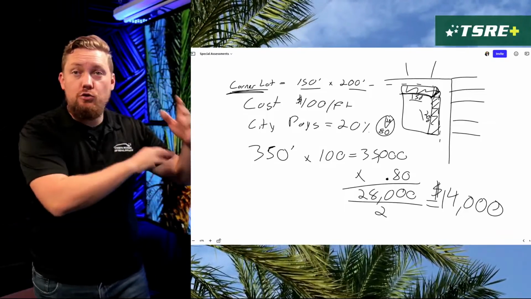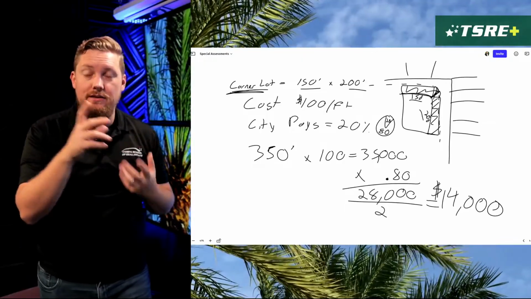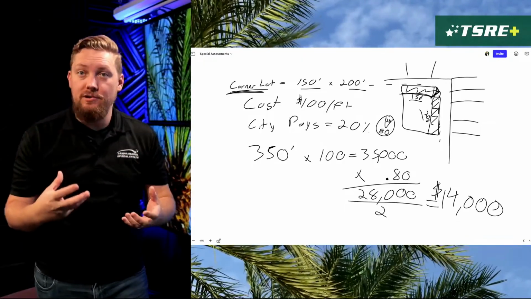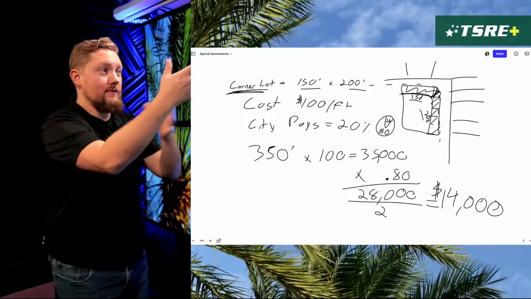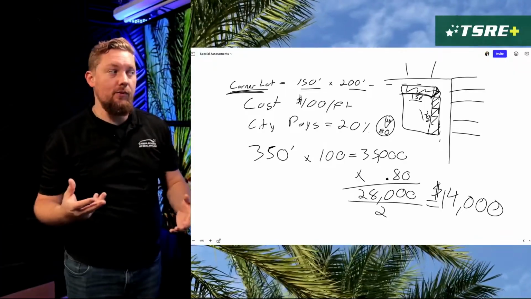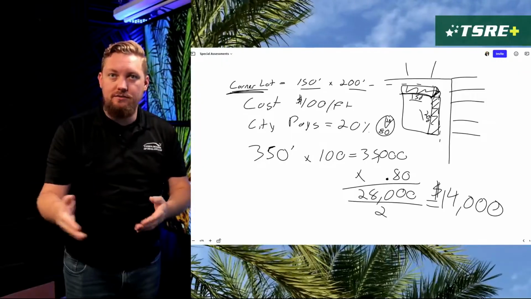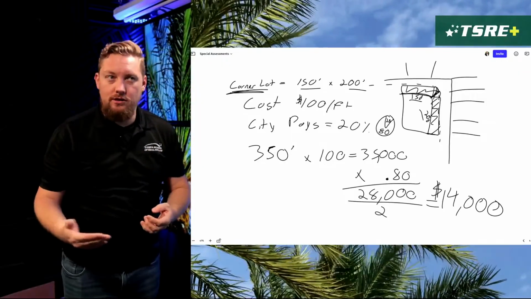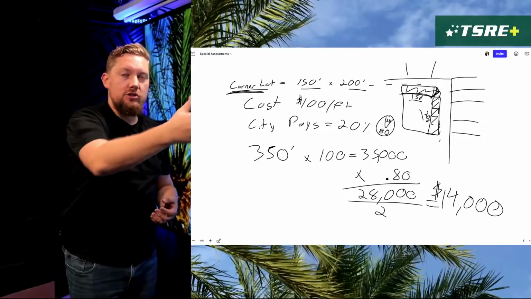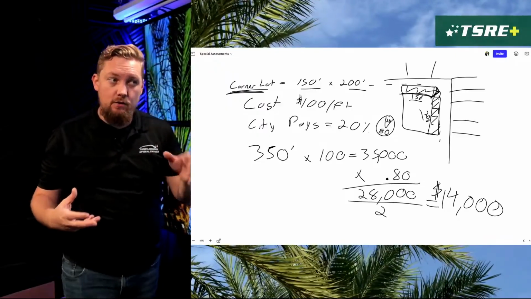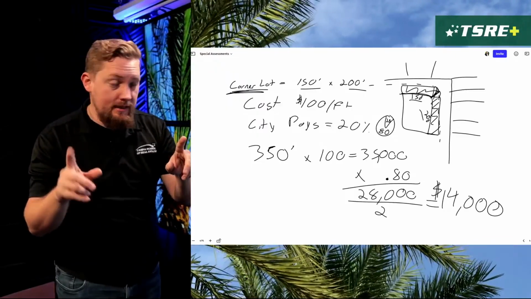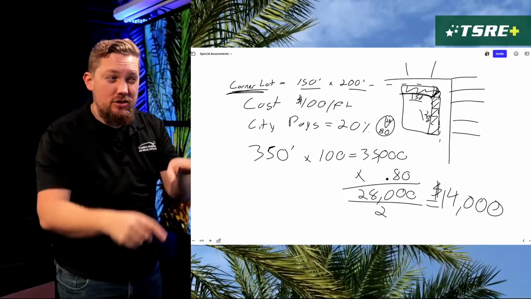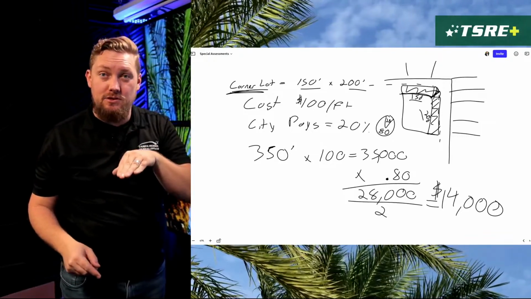And regardless of how they twist the words around in these questions here, they're still going to have to use numbers. They're still going to have to give you the frontage in some way, shape, or form, the cost per foot of construction, of paving cost, how much the city or county is paying, which you have to remember because they might actually say that the owners are responsible for 80%.